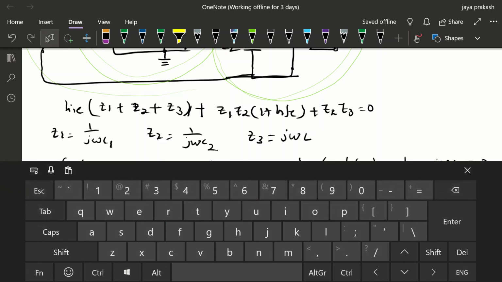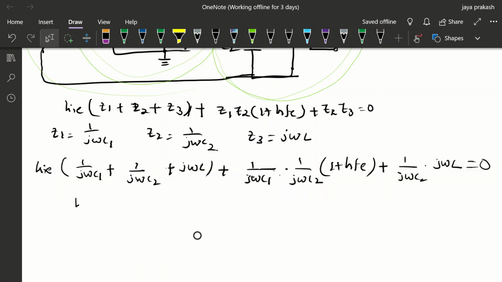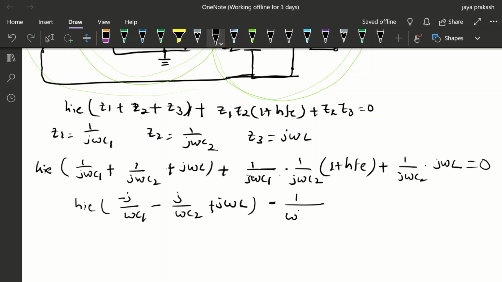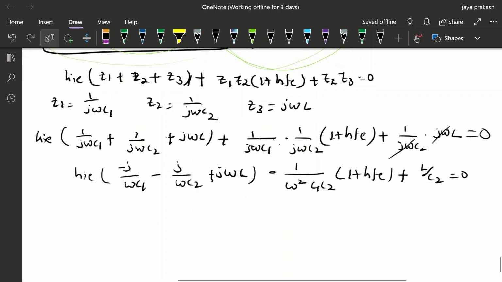Okay, if we further simplify this, hie into minus j by omega C1 minus j by omega C2 plus j omega L, and this is j into j, minus 1. Minus 1 divided by omega into omega square C1 C2, 1 plus hfe, plus this j omega will get cancelled, L by C2 is equal to 0.